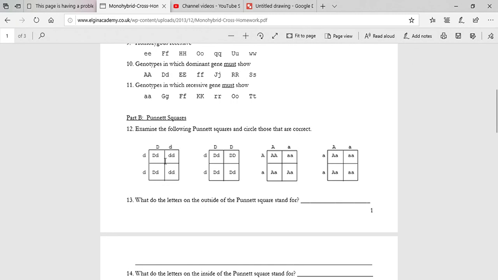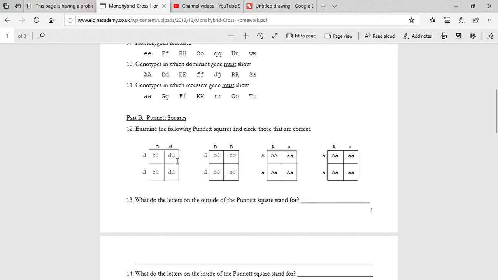Every time they have a child, they would have a 50% chance of being dark-eyed. And light eyes would show in 2 out of 4 cases as well. So the chance of these two individuals having a light-eyed child would also be 2 over 4, which is also 50%.